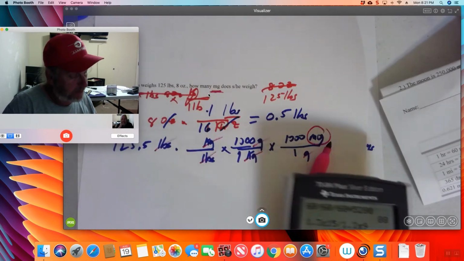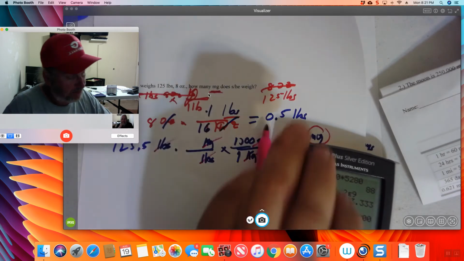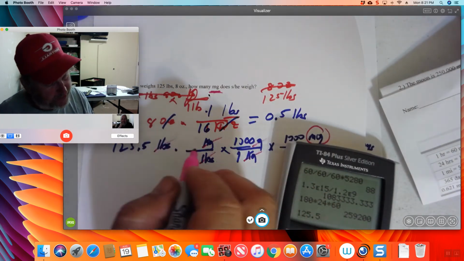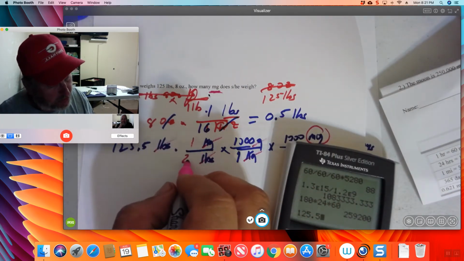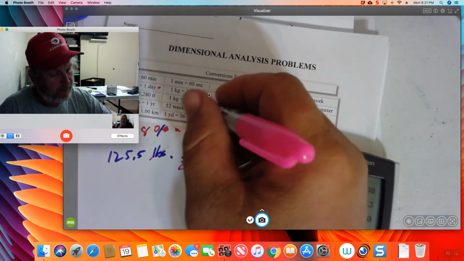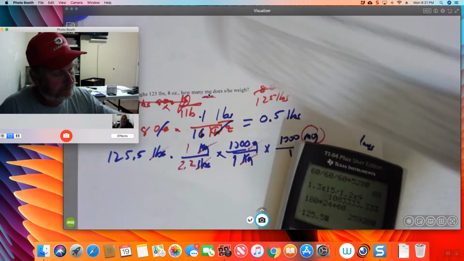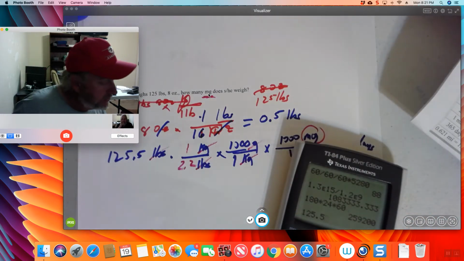125.5. We don't have this number in there, so I've got to put that in real quick. 2.2 pounds. And I got that from my dimensional analysis sheet right there. Then I'm going to divide, because it's in the denominator, by 2.2.